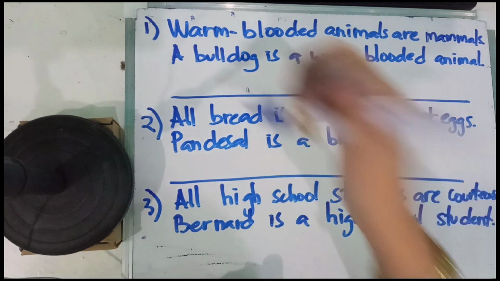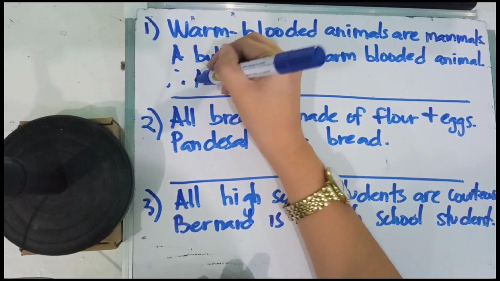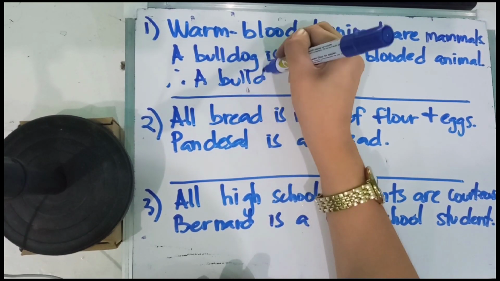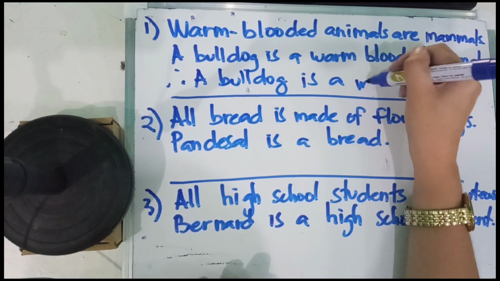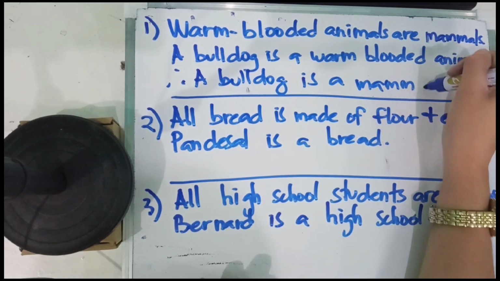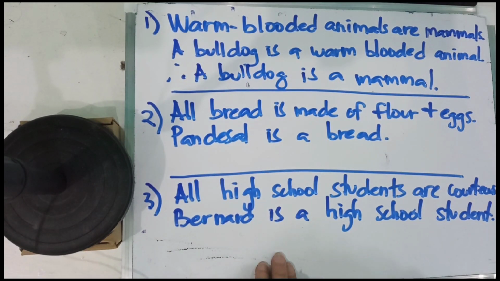So for example number 1, warm-blooded animals are mammals. A bulldog is a warm-blooded animal. Therefore, we can conclude that a bulldog is a mammal. I hope you got the same answer. Okay. Number 2. For the general statement, it says all bread is made of flour and eggs.